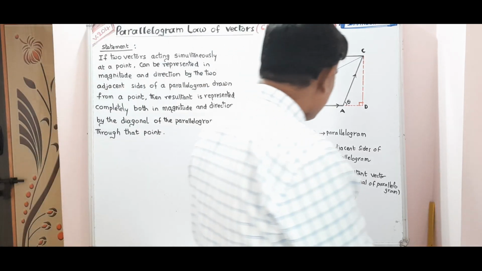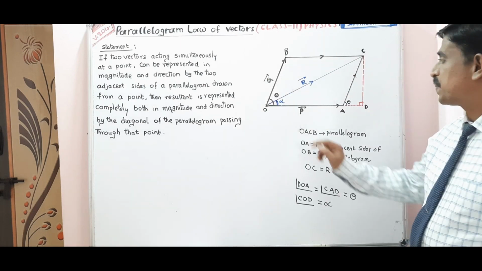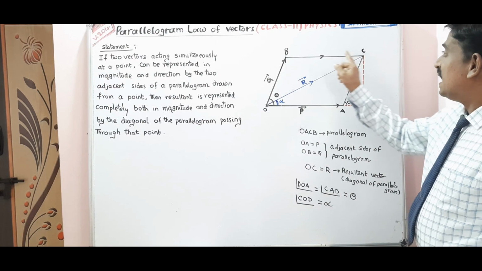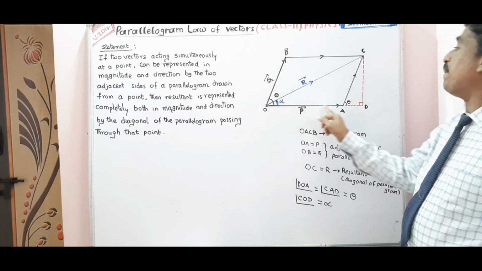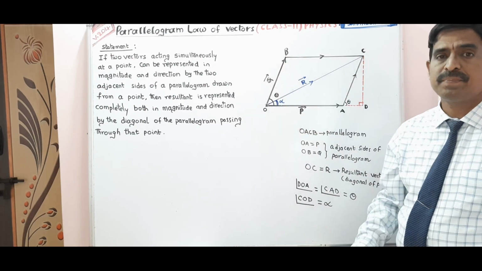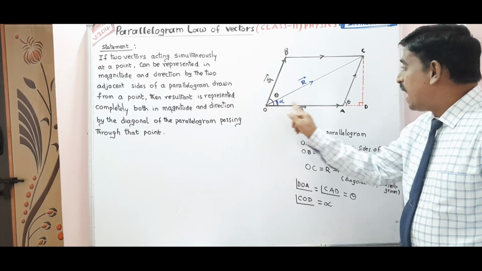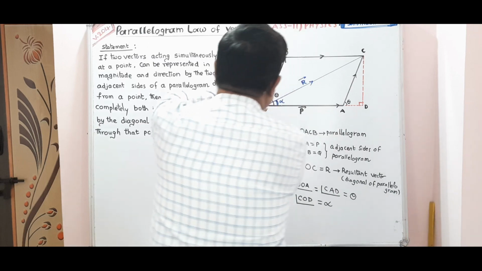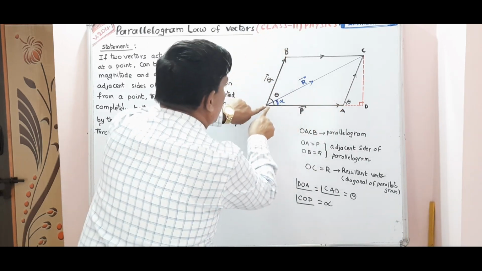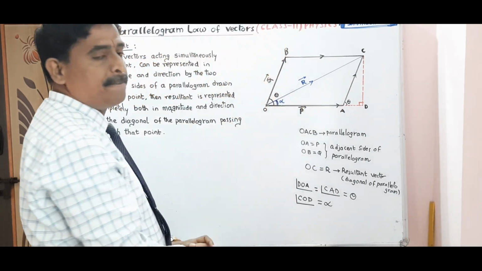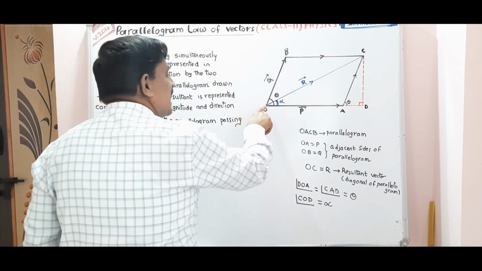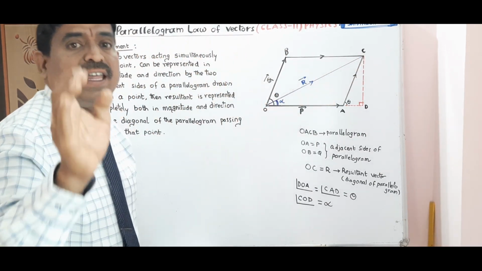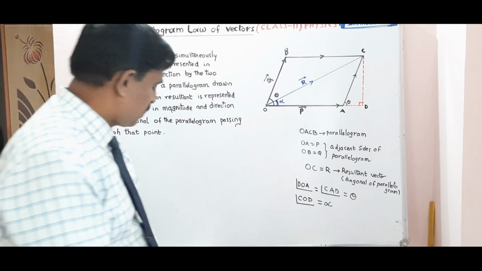Now, in this diagram, OACB is a parallelogram. OA and OB are the adjacent sides of the parallelogram. OC represents the diagonal of the parallelogram.